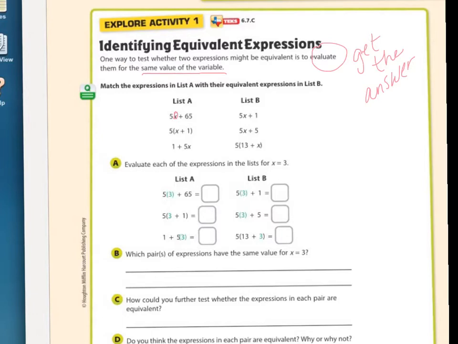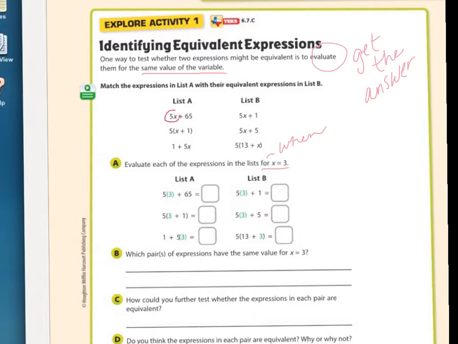A says evaluate each of the expressions in the list for x equals 3. I think they should use the word when x equals 3. Let me change my color to red.